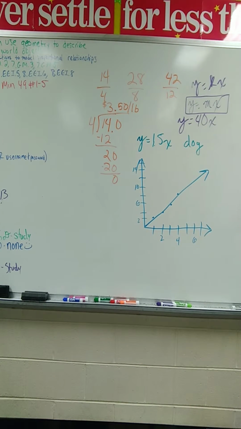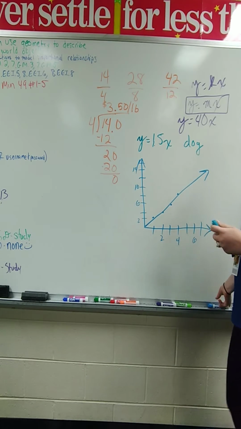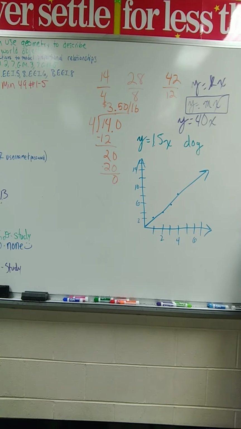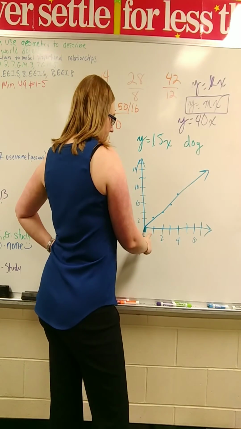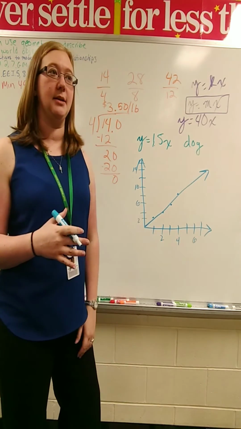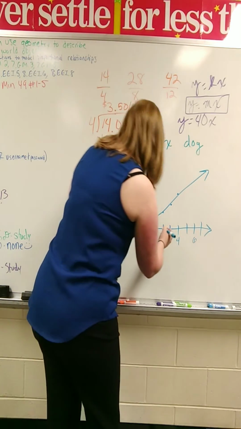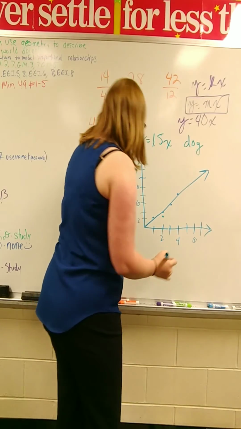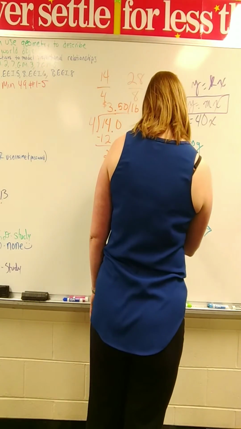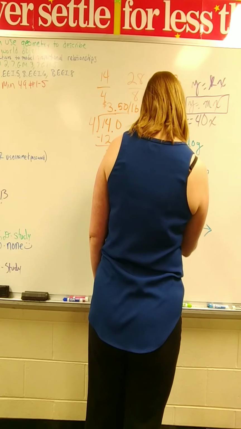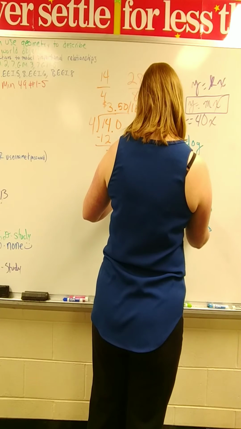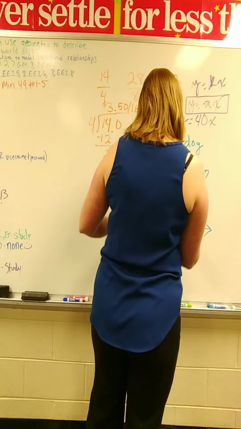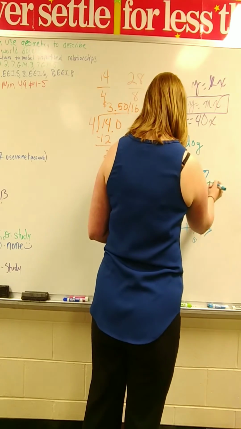So, that's our cat. If we're going to graph in the same plane, so in the same graph, I'm going to graph the function y equals 1.5x. That means when x is 1, y is 1.5. That doesn't work real well, does it? So instead I'm going to go with the points (2, 3), (4, 6), and (6, 9). Okay?